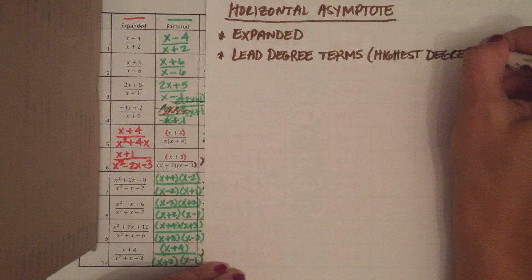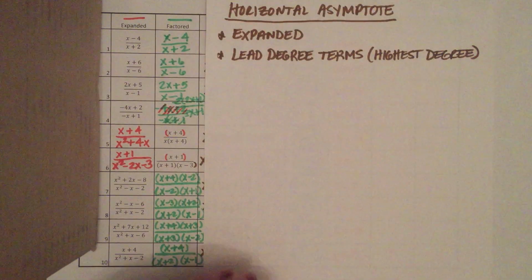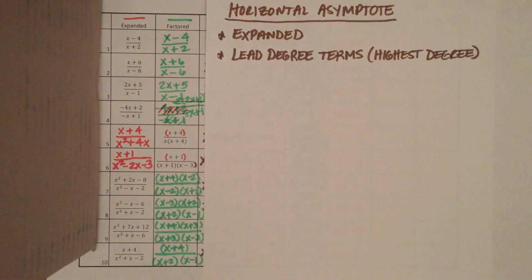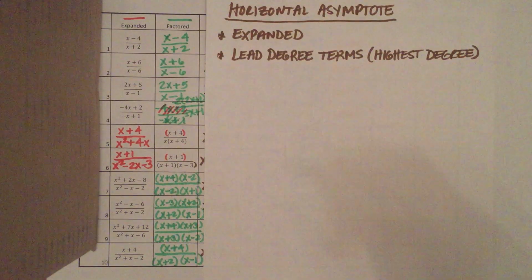If you have x cubed and that's the highest degree term, x to the third, then you're going to look at all the x to the thirds. If x squared is the highest degree term, the highest exponent you have for your variables, you're going to be looking at x squared.